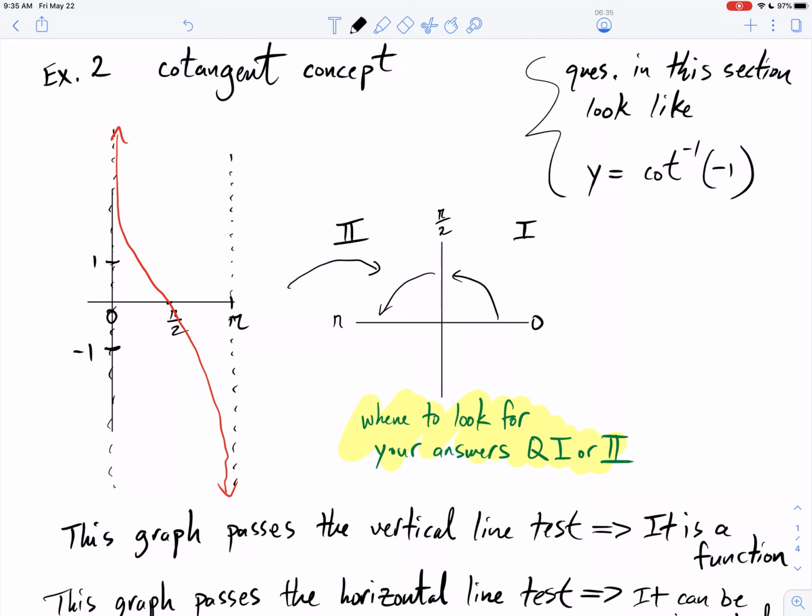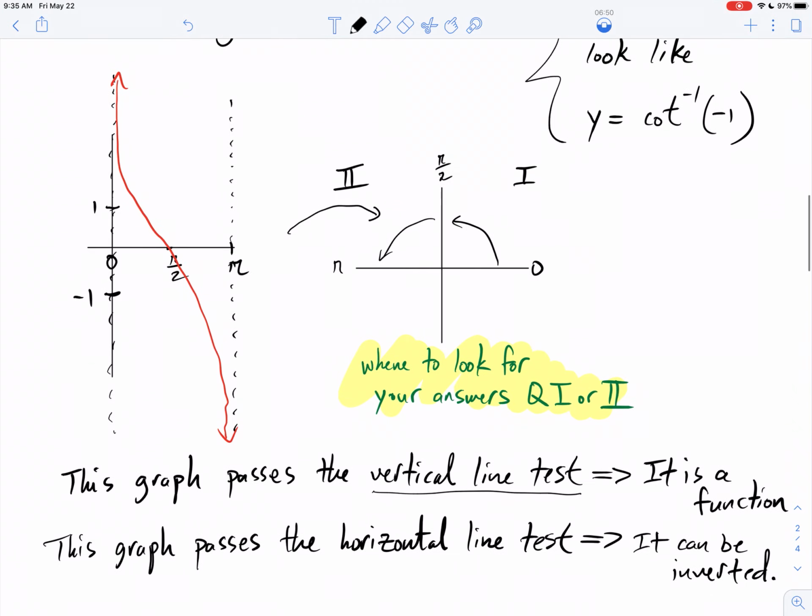But if I were to graph a regular old cotangent graph, I would see that to get one period of this function that passes the vertical line test and also passes the horizontal line test, I could just graph one standard period of cotangent. And cotangent has asymptotes at 0 and pi.